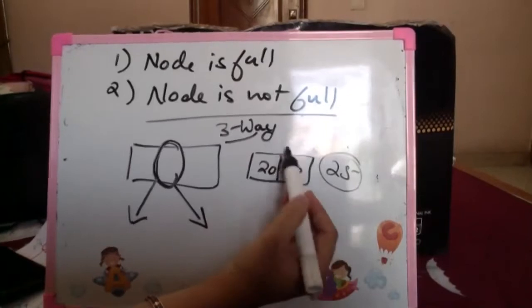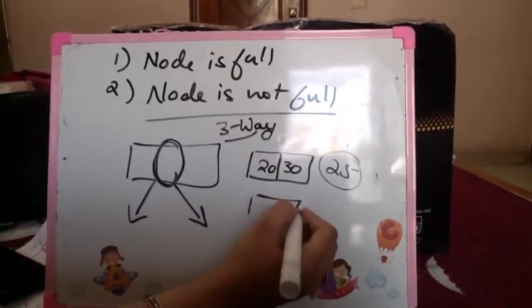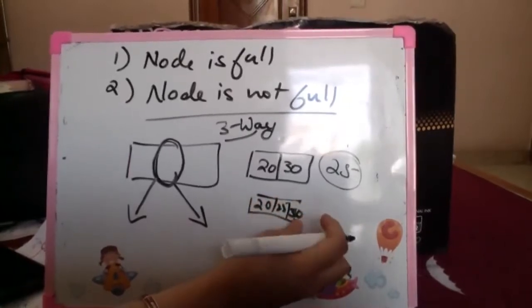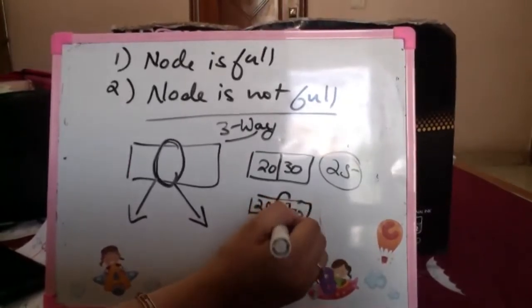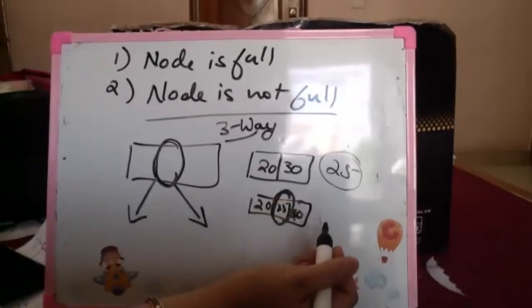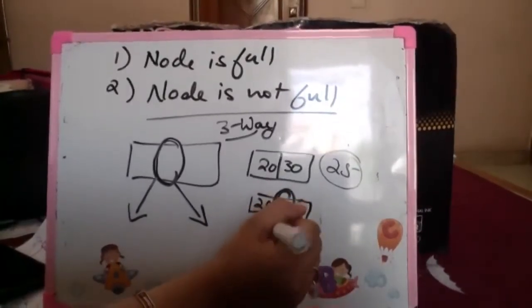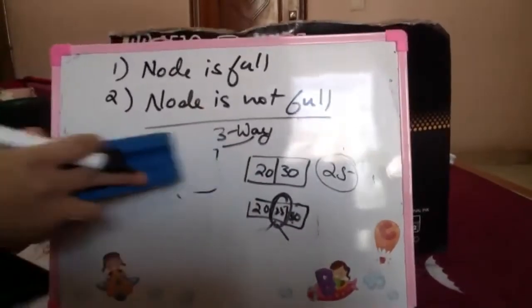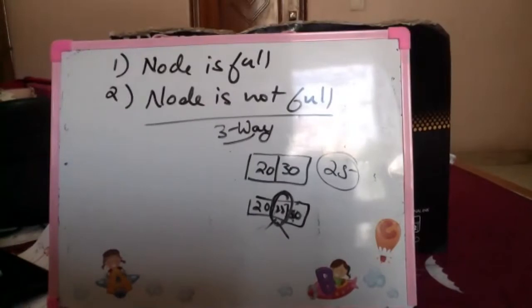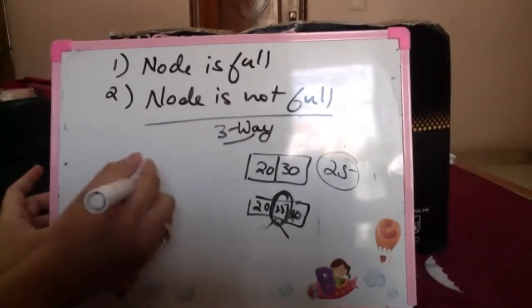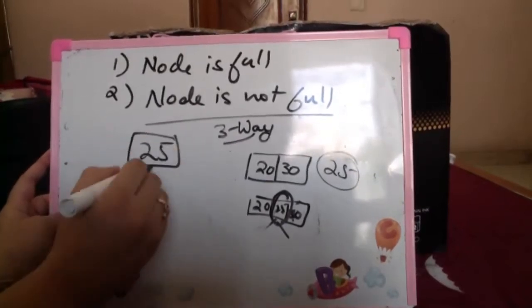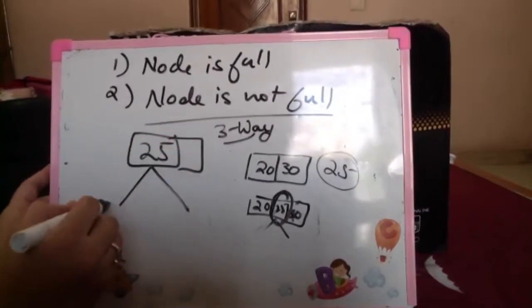But this node is already full, so for inserting 25, I cannot do this. What will I do? From the median element, whatever it may be, I split the node, so the median element goes into the parent, in case the parent is not full. Otherwise, the same procedure repeats for the parent. So 25 will become the parent, the other slot being empty right now.